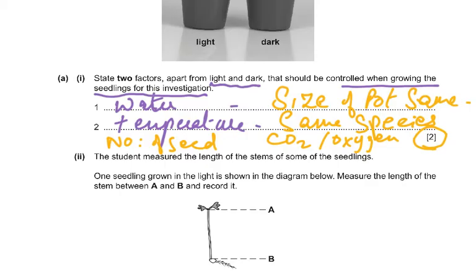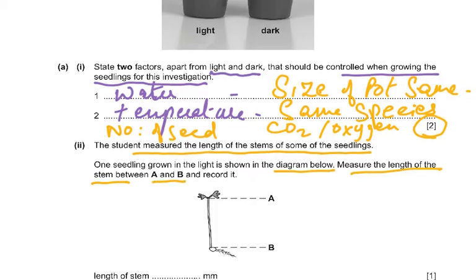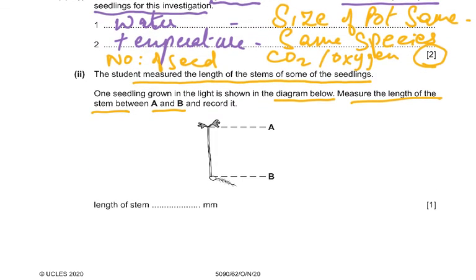Then it says the student measured the length of the stem of some of the seedlings. One seedling grown in the light is shown in the diagram below. Measure the length of the stem between A and B. Of course, you just take a ruler and measure the length, and all you had to do was write that, and this was 23 millimeter.